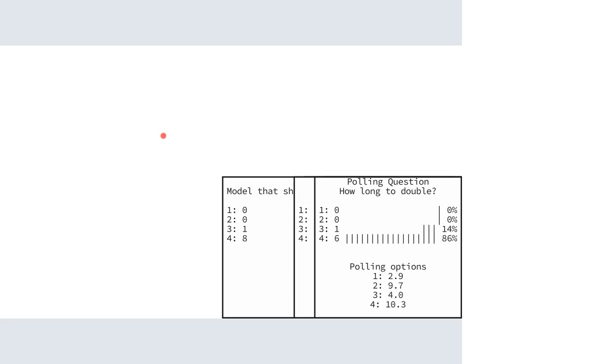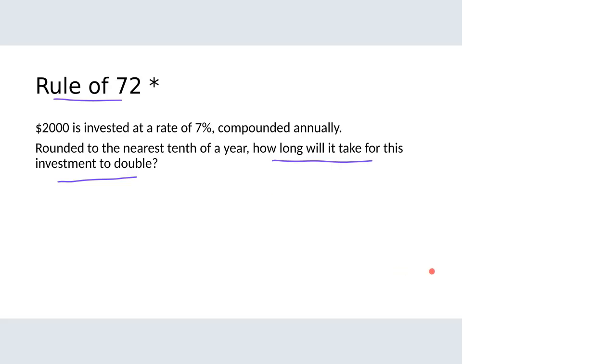Not unanimous, but pretty close. It could just be making it into something that it's not. So let's take a look here.